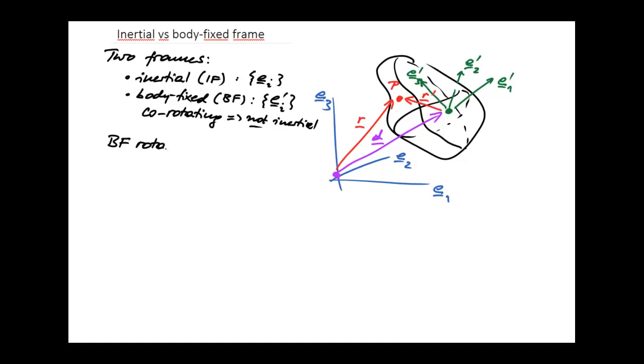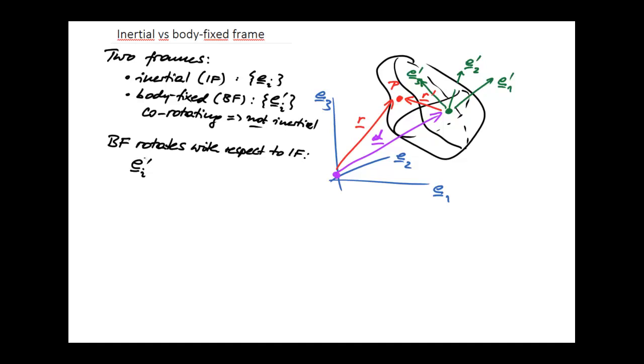Now the fact that the body fixed frame rotates with respect to the inertial frame, we describe that mathematically by the fact that the basis vectors e_i prime are not constant in time, they change in time.